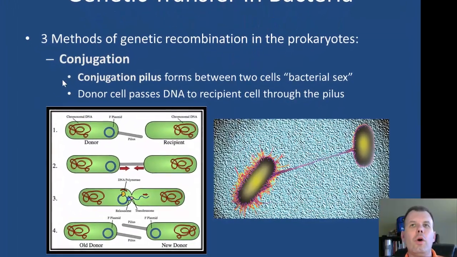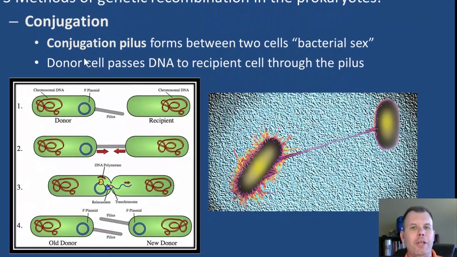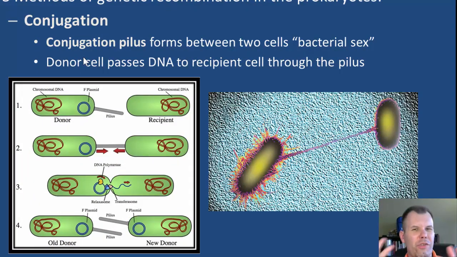Okay? And so, like I said, there are three methods of genetic recombination. The first one is called conjugation, and this is what I like to call bacterial sex. Basically it's associated with a pilus. A pilus is a structure that one bacteria has, and it kind of acts like a bacterial penis. The DNA is exchanged from one bacteria through the pilus into another.